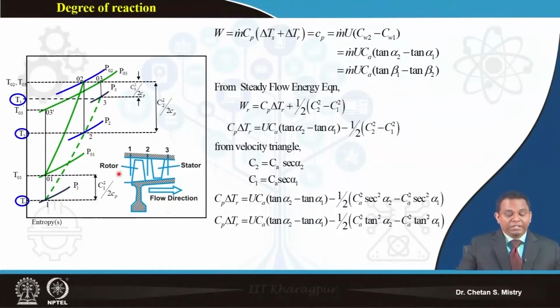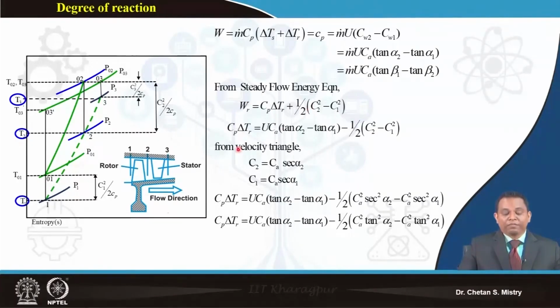Now if I consider this as a control volume and apply the steady flow energy equation to this particular stage, the work done is Cp delta Tr plus 1/2 (C2 square minus C1 square).